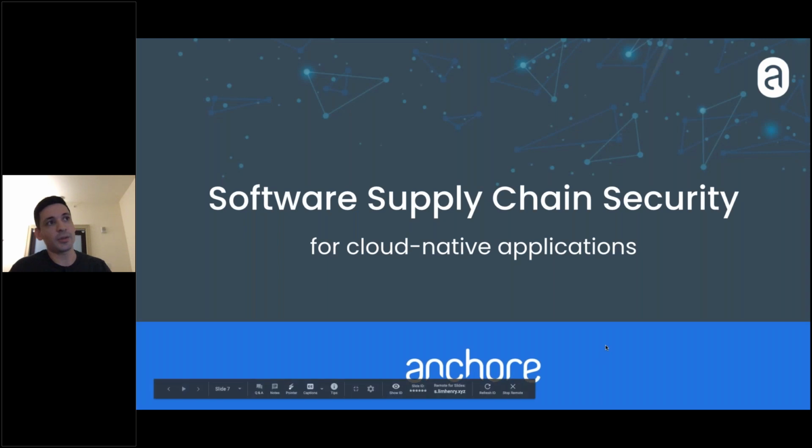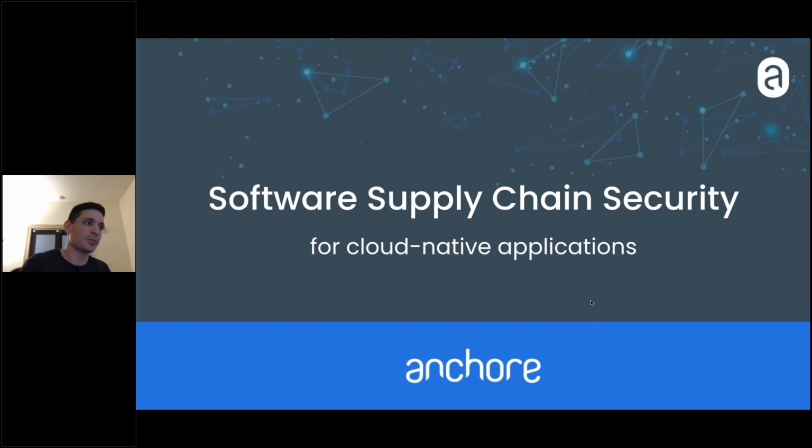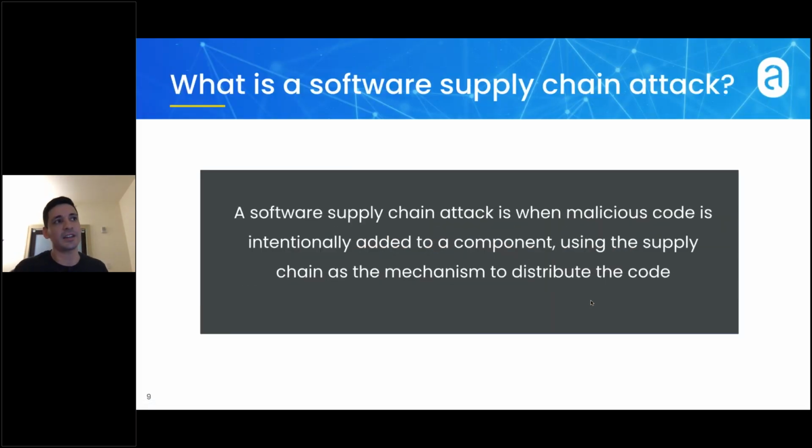Next, software supply chain security. A software supply chain security attack is where malicious code is intentionally added as a component, using the software supply chain as the mechanism to distribute the code.